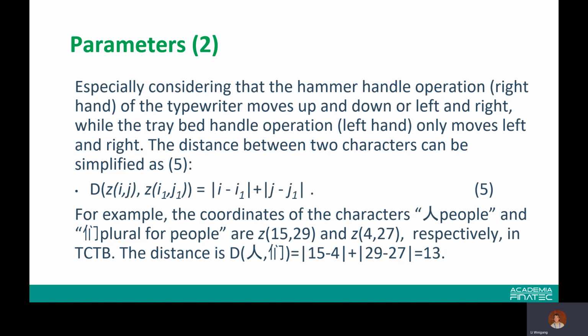For example, consider the characters ren and men of 人们 in the coordinates of the treatbed: Z1529 and Z427 respectively. In the traditional Chinese typewriter, the distance D is 13.